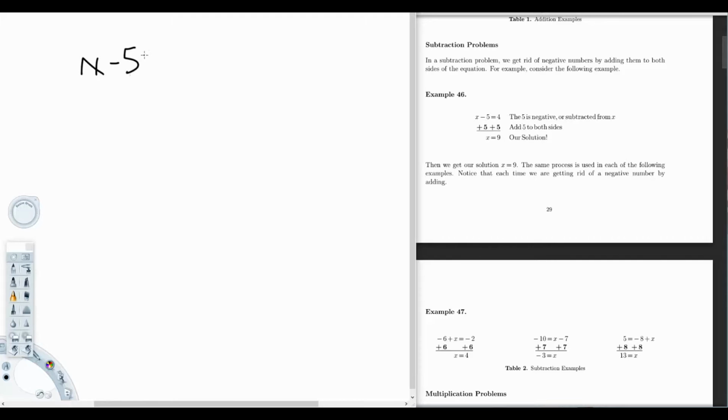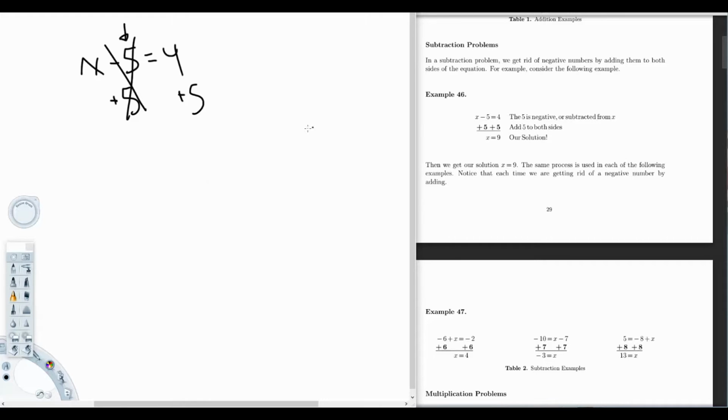x minus 5 equals 4. Right? Now, what we're doing here is taking 5 off of x, but we just want x alone. So if we have a negative 5 here, you're subtracting 5, so what you're going to do is add 5 to both sides to cancel, right? Negative 5 plus 5 equals 0.